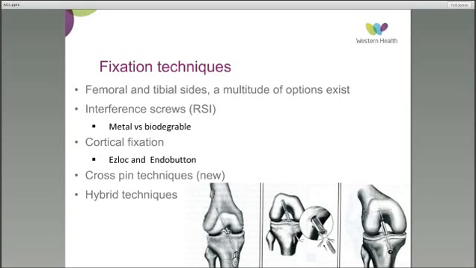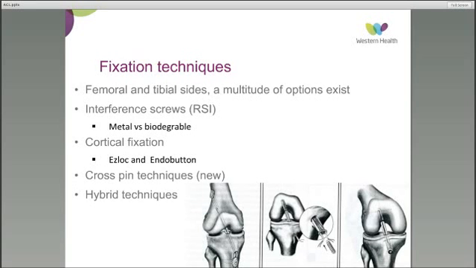But in terms of fixation techniques, broadly they can be classified as interference screw fixation, cortical fixation, and cross-pin techniques, and a hybrid of those can be used in any one surgery. Interference screws, such as RCI screws, can be metal or biodegradable, and they involve sliding up alongside the graft and screwing in your screw and getting wall fixation in your graft tunnel.